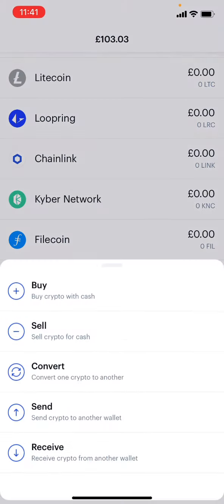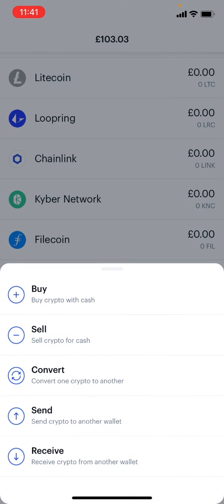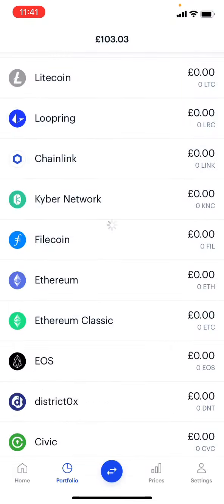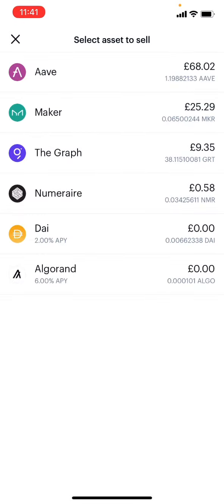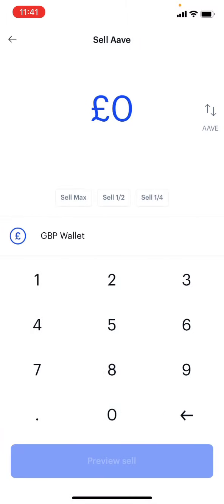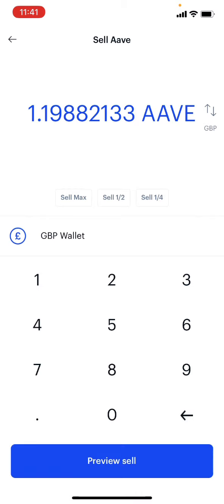Now go to the sell option, if you want to sell any crypto for cash. I have a crypto asset in Aave and Maker, and I'll sell some Aave as an example. How much do you want to sell? The maximum is half, so I'll do maximum.